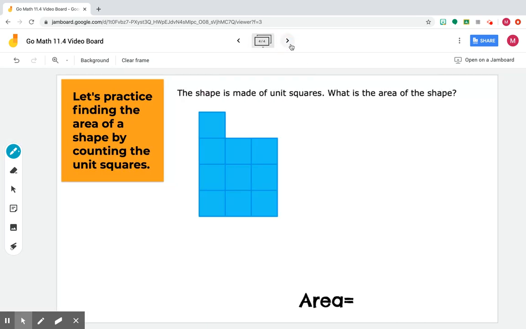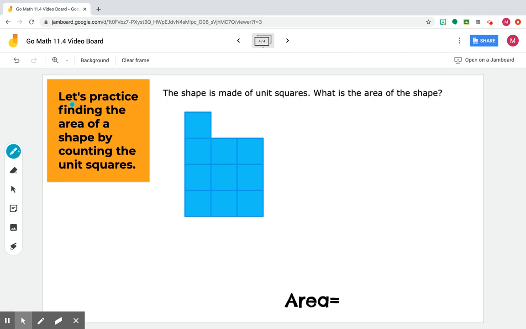Let's try one more. Again, we're going to practice finding the area of a shape by counting the unit squares. And I'm going to change my marker color. And it says, this shape is made of unit squares. What is the area of the shape? So again, I circle area because that's what I'm finding.